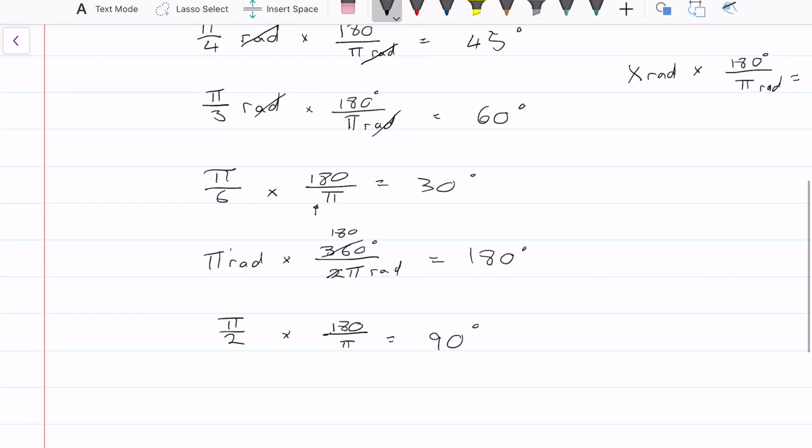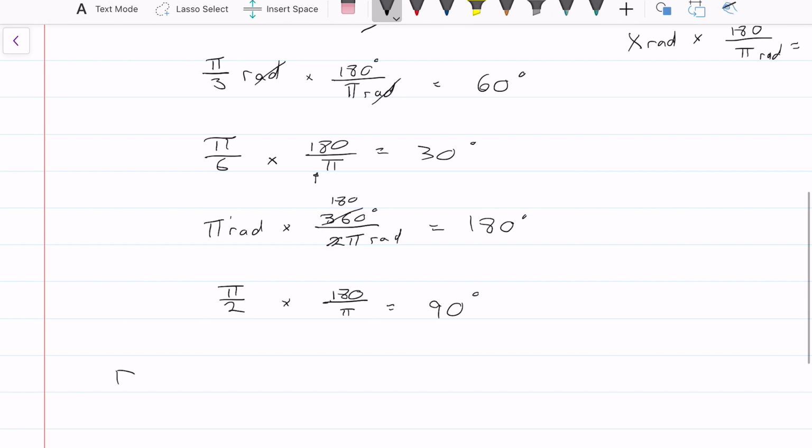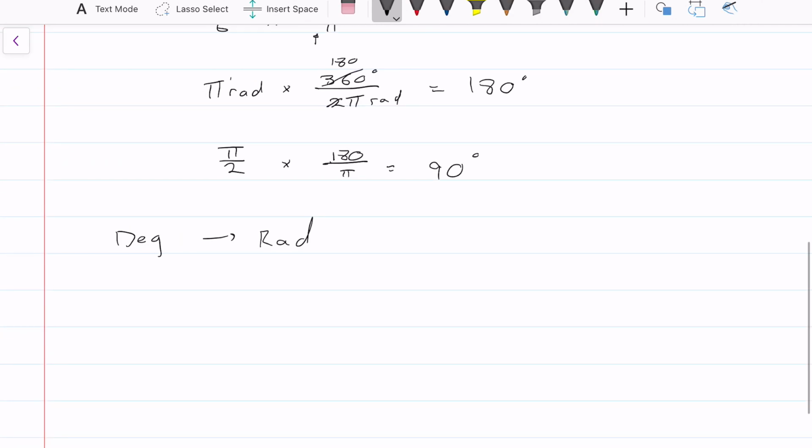Okay, doing it the other way around, so we want to go from degrees to radians. Again, let's say we have 140 degrees. I want to get rid of the degrees, so I have to have the degrees at the bottom, so pi radians over 180 degrees, and we're left with 7 over 9 pi.